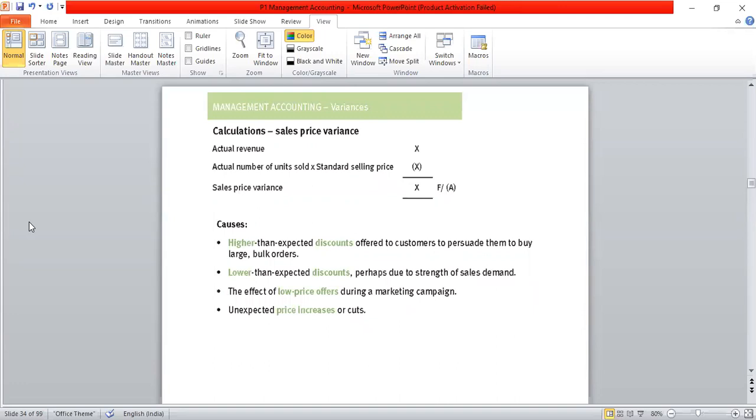These standards are decided for the income, the revenue part, and the second standards are decided for the cost. When the actuals are implemented, the actual performance is compared with the planned performance of the standards. If they both are the same, no issue. Things will be carried on smoothly.